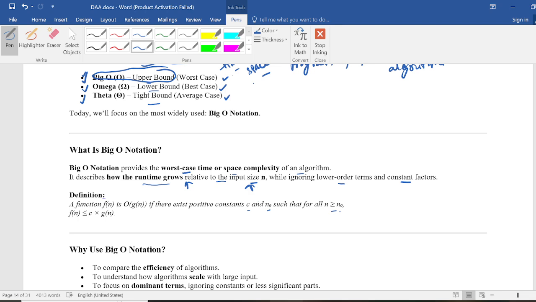In simple words, big O gives an upper limit on how much time or memory an algorithm might take.